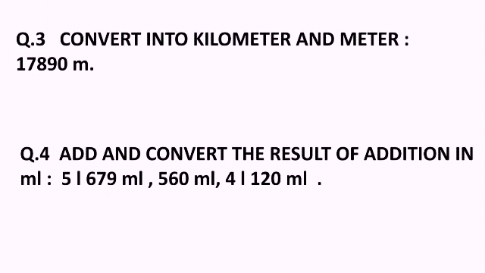Smaller unit to larger unit, you have to divide. So larger unit to smaller unit, multiply. Smaller unit to larger unit, divide. So here it is given in meter. That means meter is the smaller unit than kilometer. So whenever we need to convert smaller to larger, we have to divide.